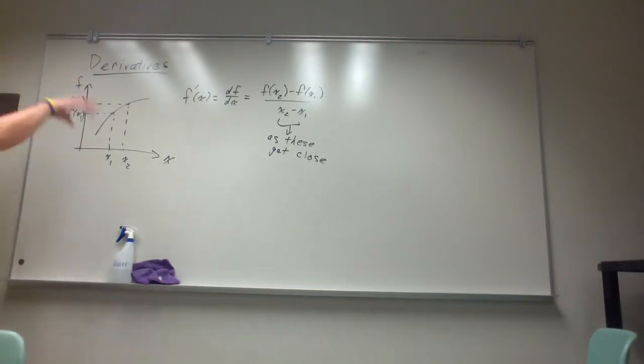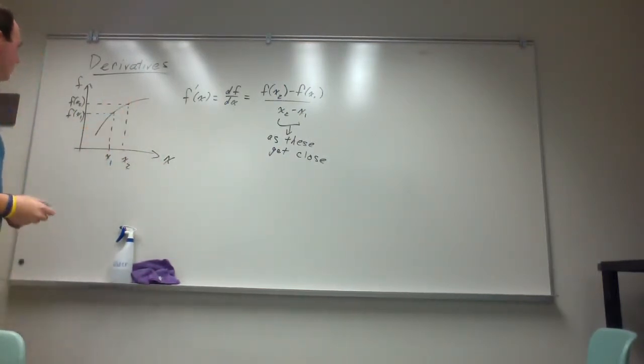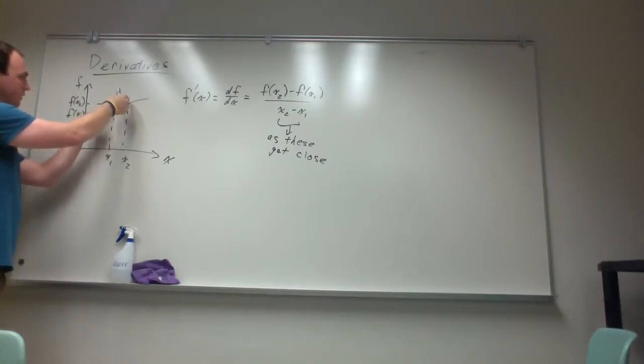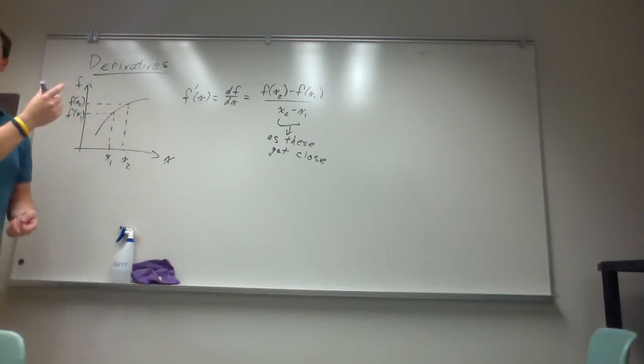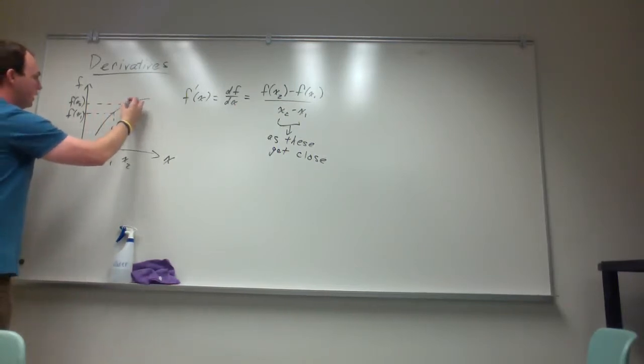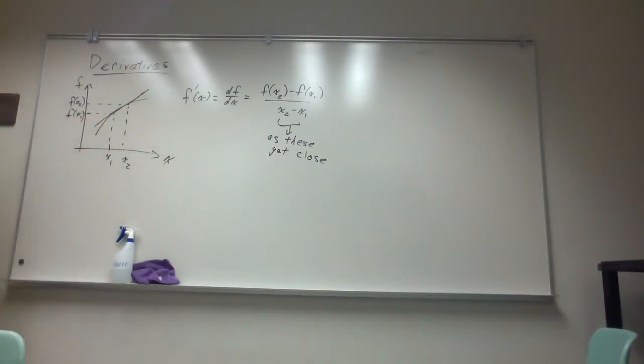Okay, so that's how we define it. So graphically, it's the slope. So if I just take some points that are nearby, right? So I can say, here is what this would be if it were a straight line, and then what's the slope of that line.